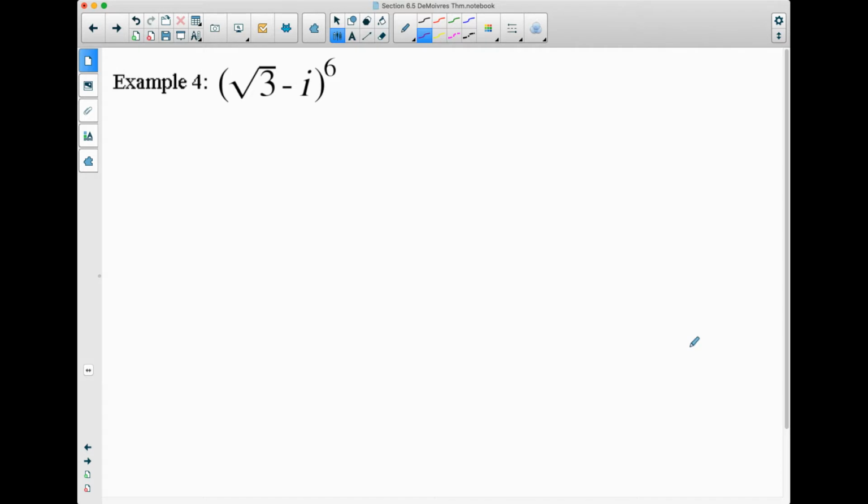Another one you should know without the calculator. Personally, I'd like to use the radian measure on this one.